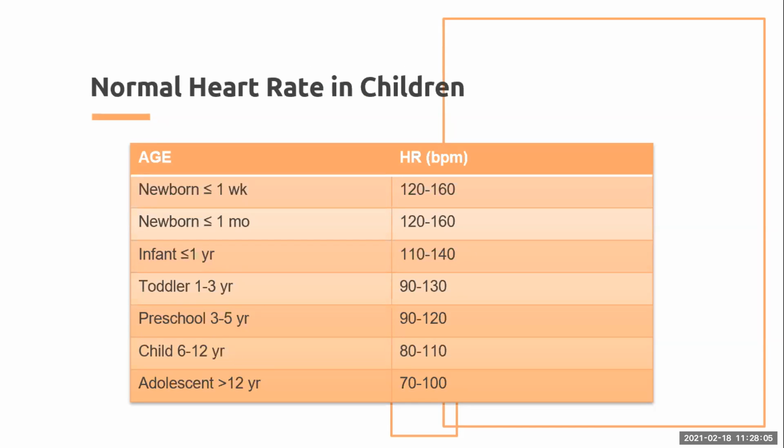For children aged 6 to 12 years old, the normal is 80 to 110. And for children older than 12 years old, the heart rate is similar to the adult normal heart rate.